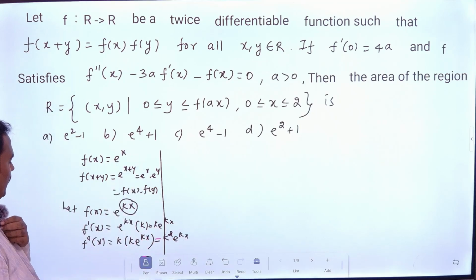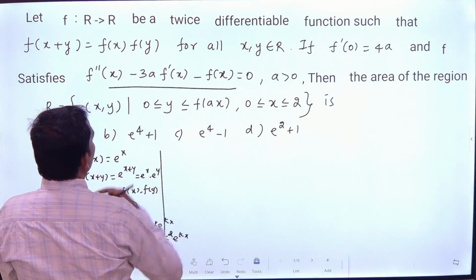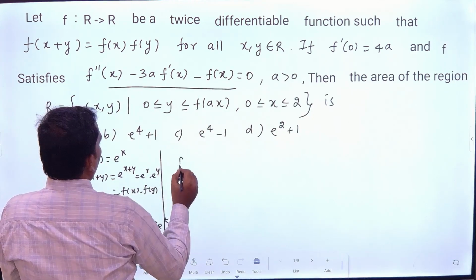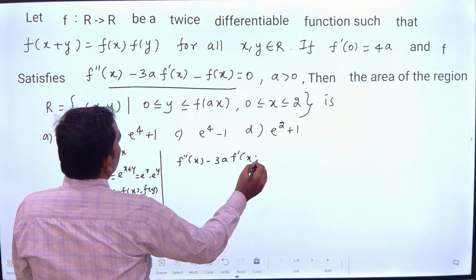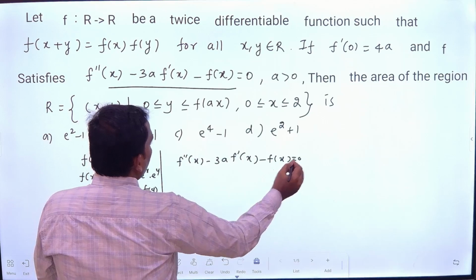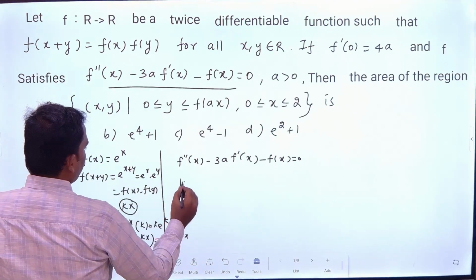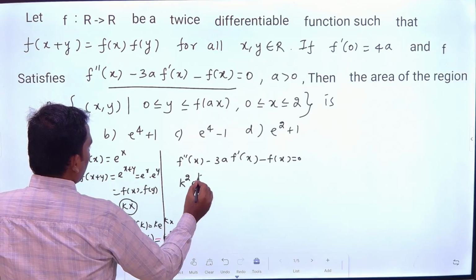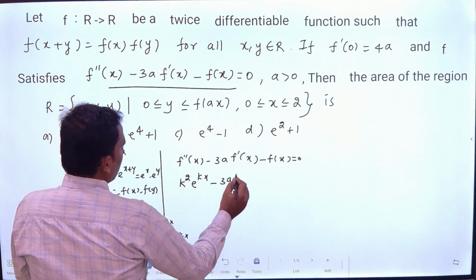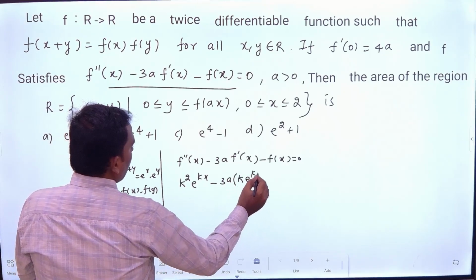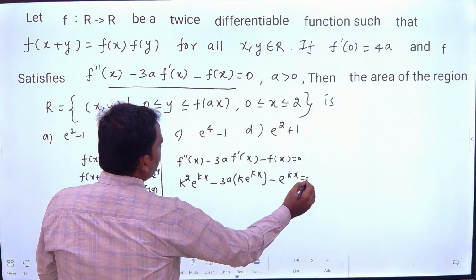Now you can use the given differential equation: f double dash of x minus 3a times f dash of x minus f of x equal to 0. Now you can substitute everything. f double dash of x is k square e power kx, minus 3a times f dash of x, which is k into e power kx, minus f of x, which is e power kx, equal to 0.